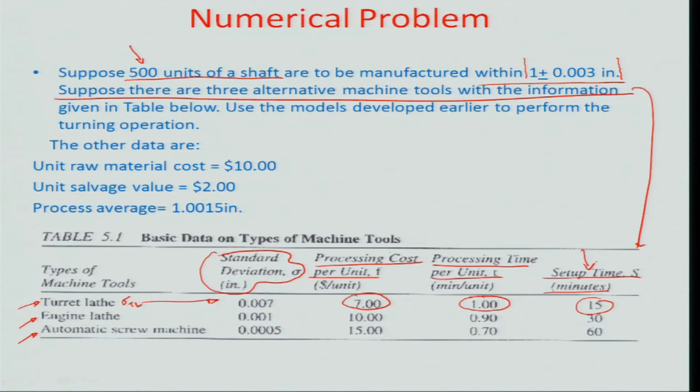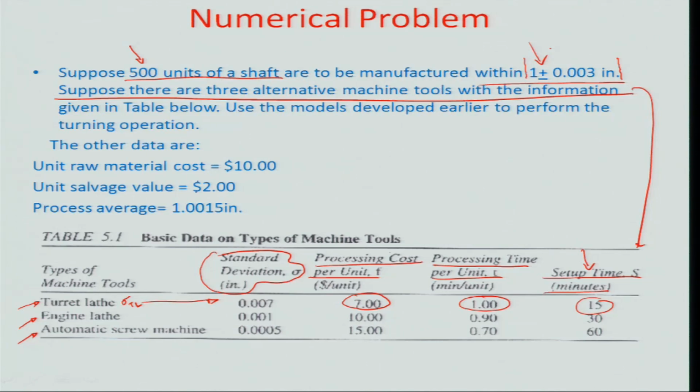The setup time is 15 minutes for the turret lathe. Similar data points have been given for the engine lathe and the automatic screw machine, and given this process capability, we need to see which of these tools are fit for making the shaft of 1 plus minus 0.003 inches diameter.